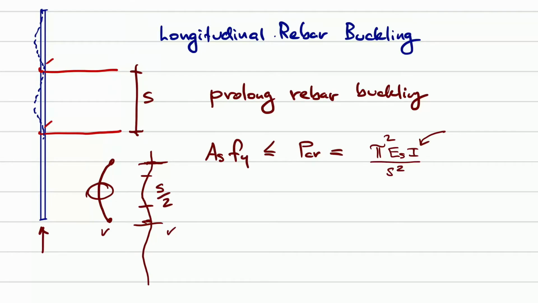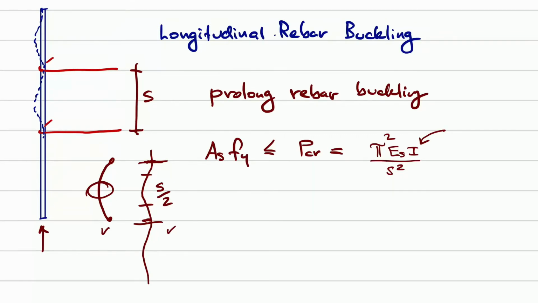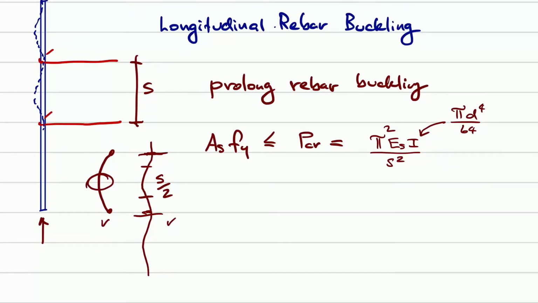Okay, pi r to the fourth over 4, which is pi d to the fourth over 64. Then plug in.